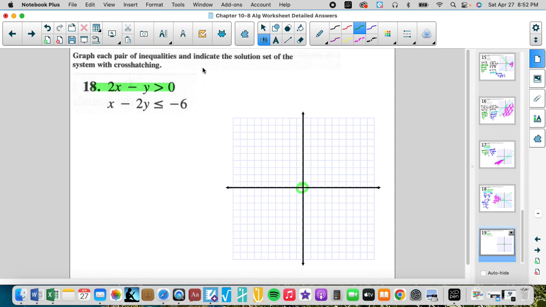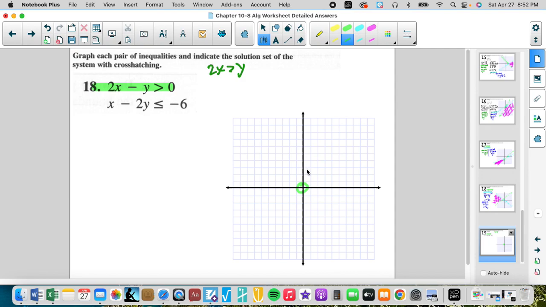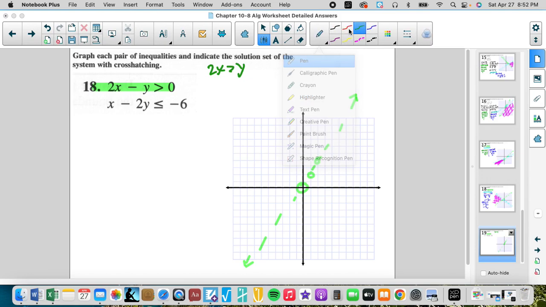We'll add y to both sides. We get 2x is greater than y, or y is less than 2x. It still has a slope of 2, so I can use that. I'm going to go up 2, right 1, up 2, right 1. That's through the origin, so I'm going to have to test something other than 0, 0.